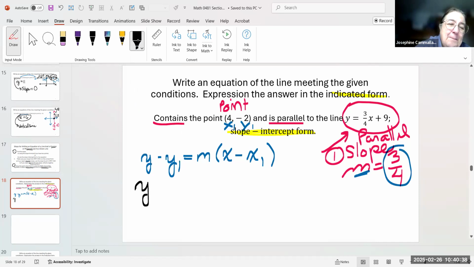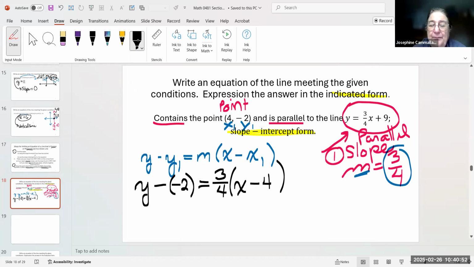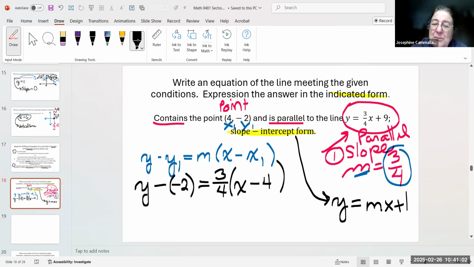Y minus. Now remember, this is a -2, equals 3/4 x minus 4. Well, slope-intercept is y equals mx plus b.